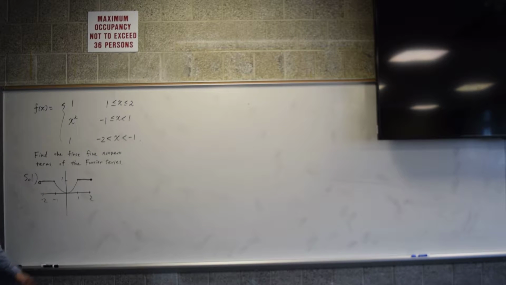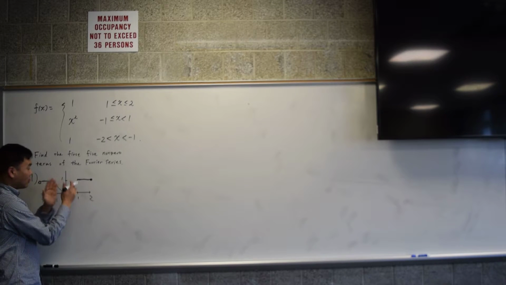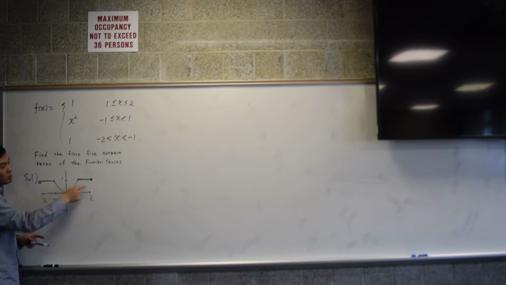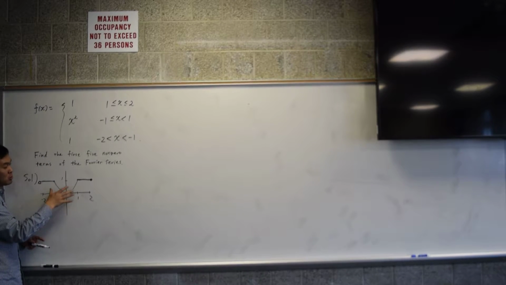Looking at this, is this an even function or odd function? It's an even function, because if you fold it along the y-axis, it's going to match. You might complain about this being an open circle, whereas that's closed, but it doesn't matter, because when we say we're doing the Fourier series, we're actually thinking about the periodic extension of this function. So that's what we get.